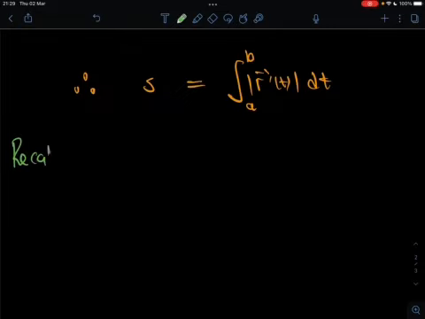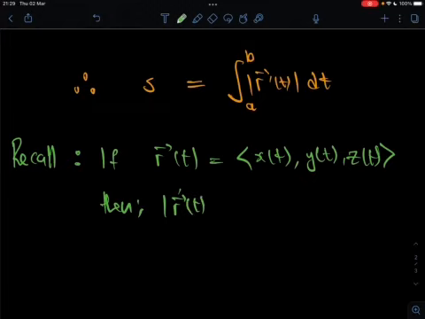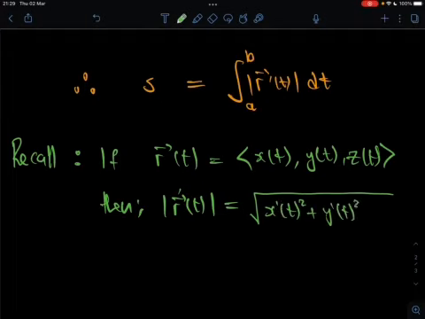So recall that if r of t is defined as x of t, y of t, z of t, then the absolute value of r prime of t is just the same thing as saying the square root of x prime t squared plus y prime t squared plus z prime t squared.